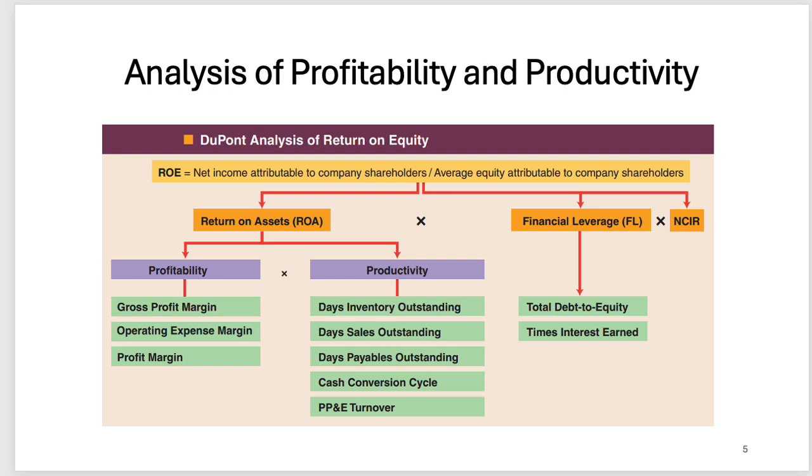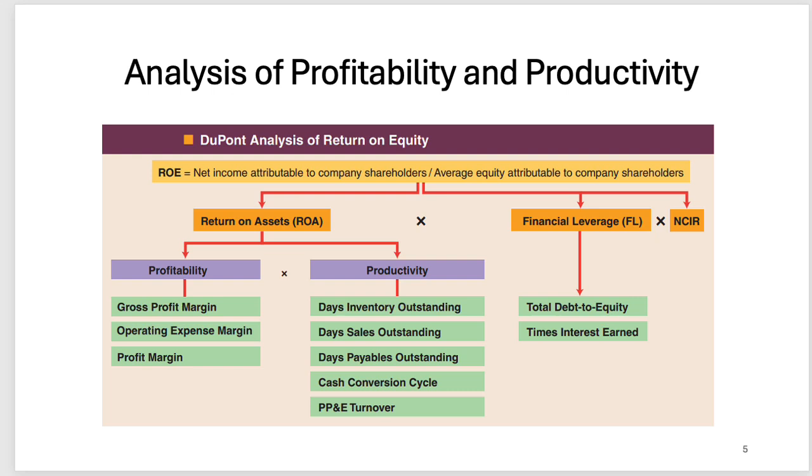But for the sake of analysis, this slide attempts to break down or disaggregate the potential for both profitability and productivity into finer gradation. As you can see here, profitability can really be affected by a few different factors. Gross profit margin and operating expense margin can both be influenced by operational management.